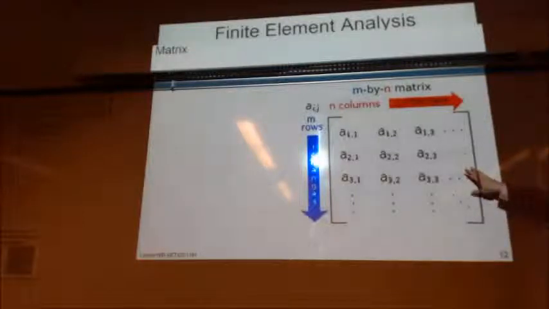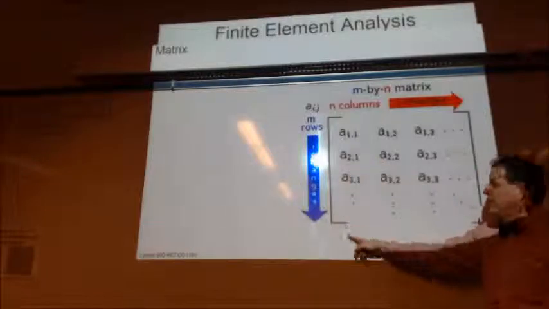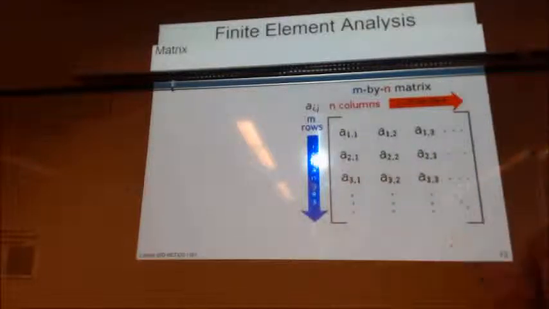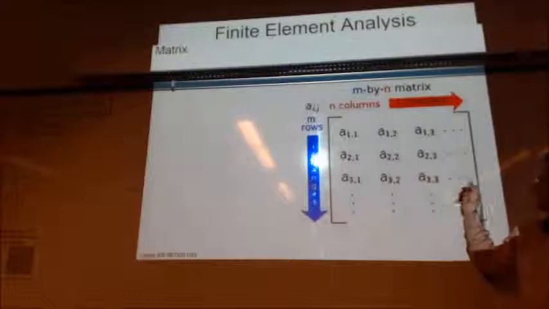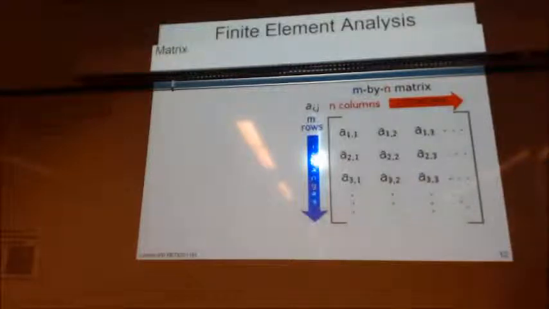And so what we're looking at when we're dealing with these matrices is we have our number of rows and our number of columns. Or well, this is rows, that's columns. Okay.